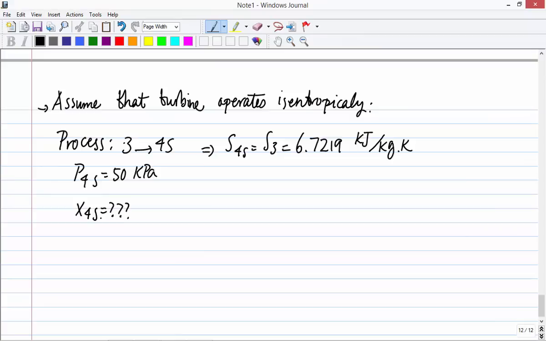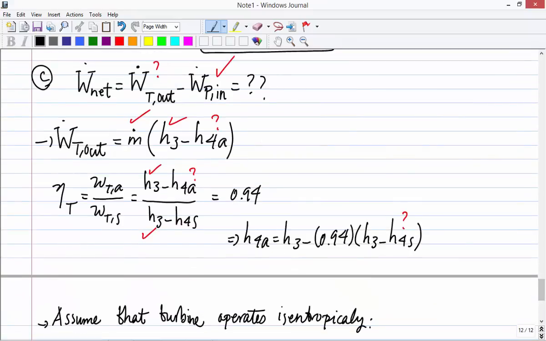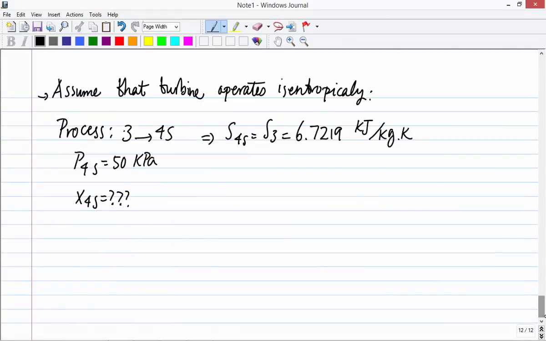If I know the quality, I can solve for H4s. If I solve for H4s, I can put it there and find H4a. And if I know this guy, I can solve for the work produced by the turbine. Then I can put it back in the first equation and solve for net work.